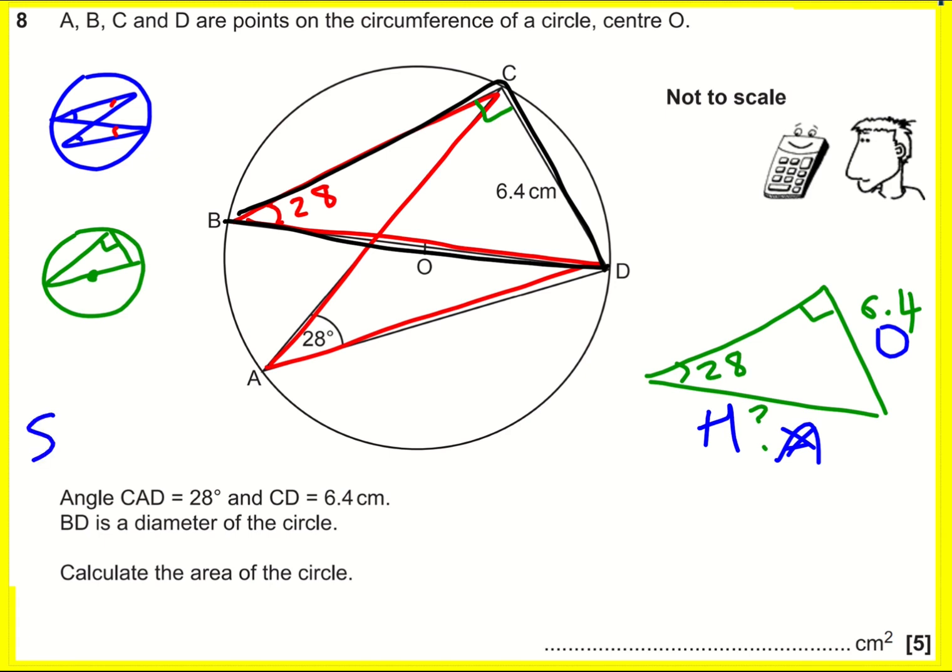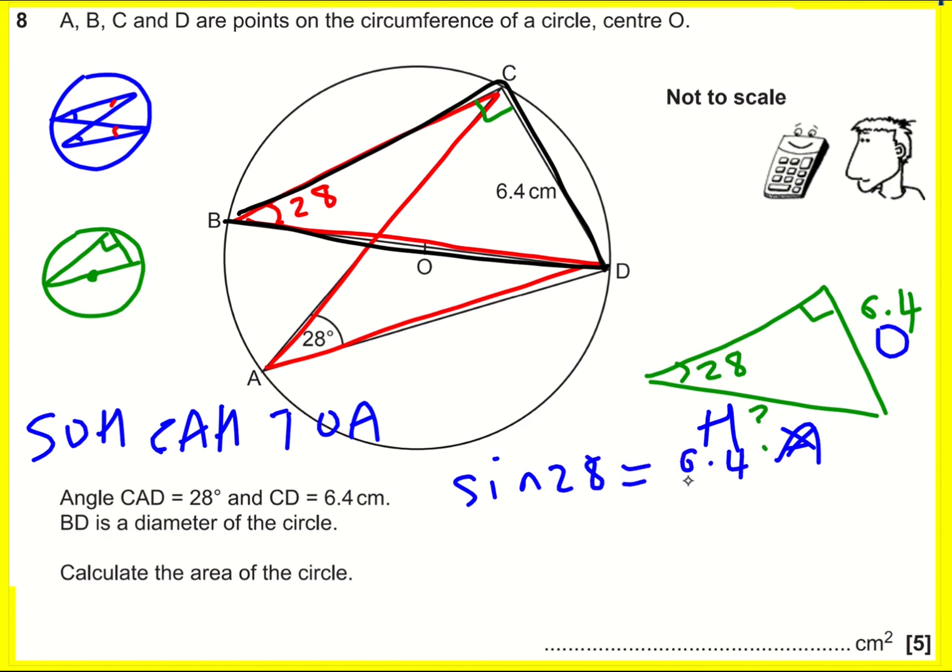So if we write down SOHCAHTOA, we're going to see that we're going to use sine. So it's going to be that sine 28 is equal to 6.4 divided by h. We're going to need to rearrange this. h sine 28 is equal to 6.4.